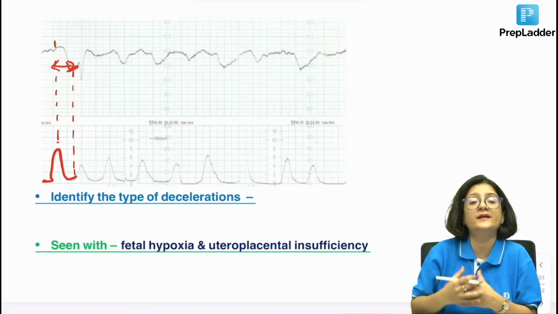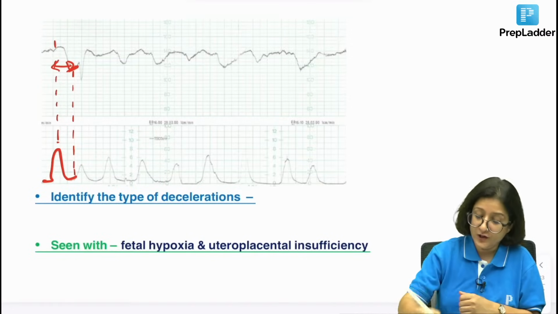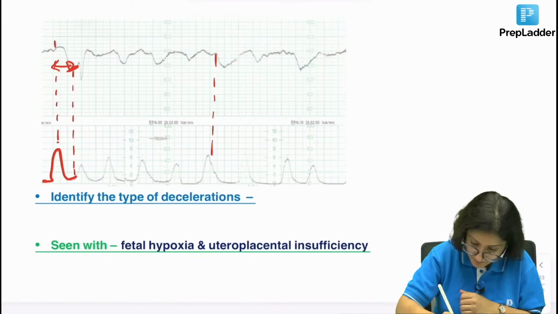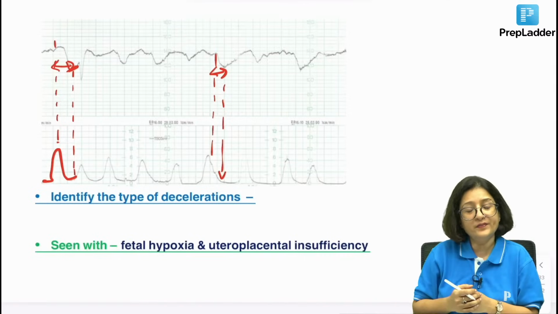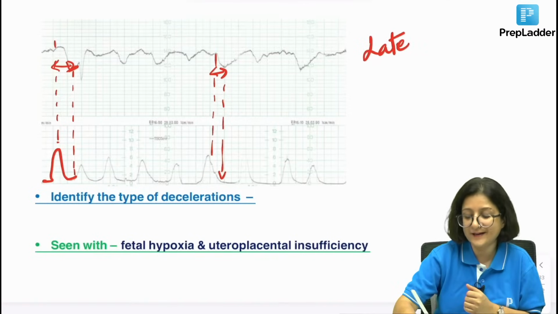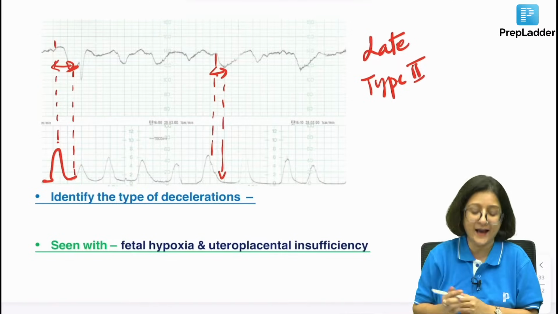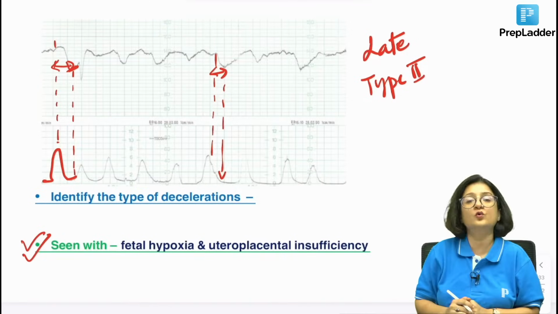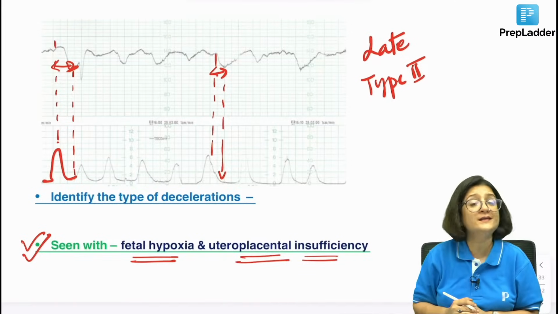It does not coincide with the contraction. Look at this here. There is a delay with the contraction. So this is late deceleration, also called type 2 deceleration. And you can see in the question, the clue is it can be seen with fetal hypoxia and uteroplacental insufficiency.